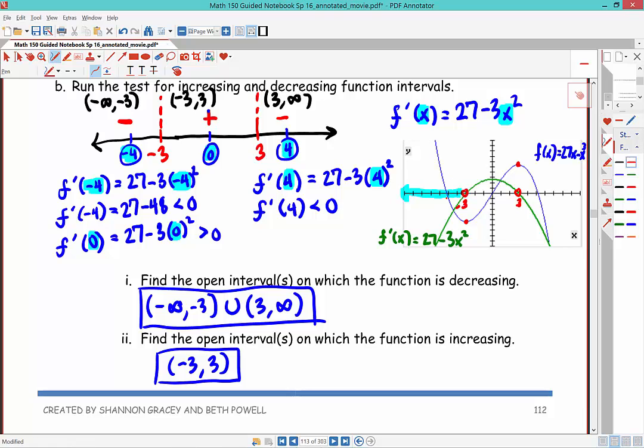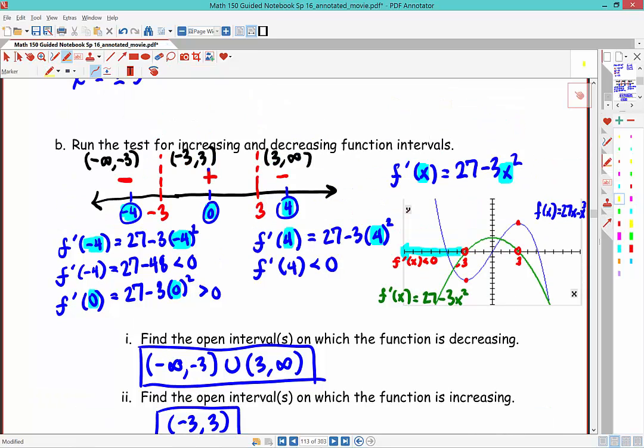Good. On this interval from minus infinity to minus 3, f prime at x was less than 0. And what was happening with our original function? It was decreasing, right? So on our original function, it was decreasing.